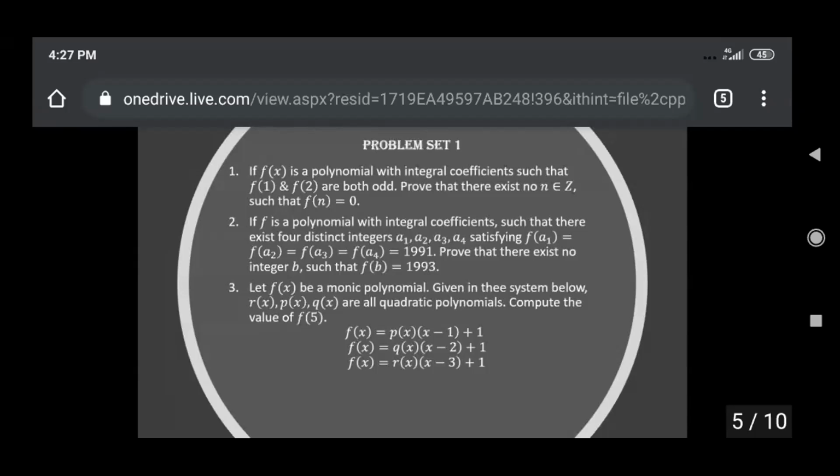Yeah, so I think time is running out shortly. So we will move on to the solution of the second problem now.